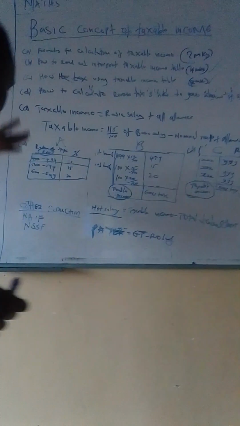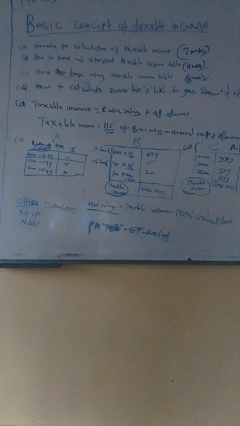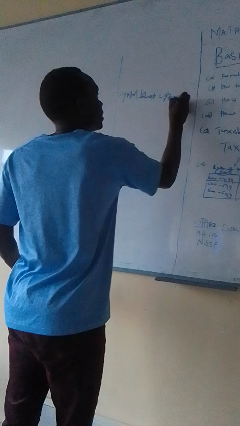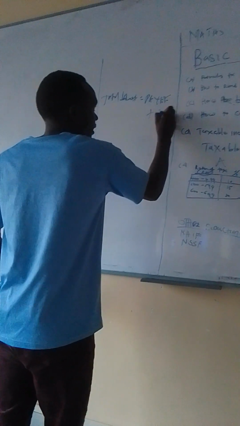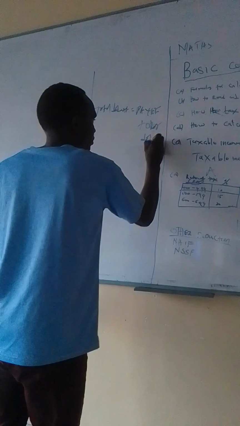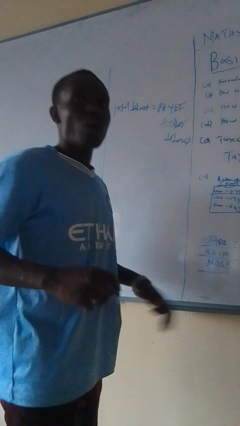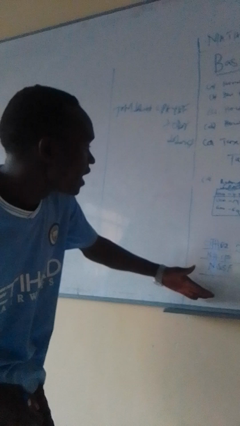So, when they tell you to calculate the total deduction, total deduction is equal to PAYE plus other deduction. And other deduction includes what? NHIF, WCPS, and whatever else. That is other deduction.